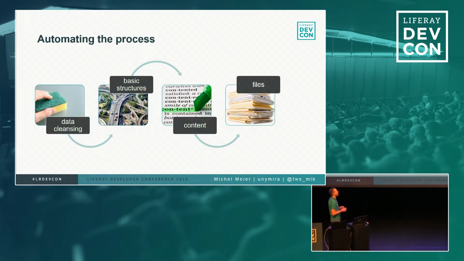Yes, and another important point were the files. We also had to migrate the files. As you might remember, we had 280 gigabytes that were, I think, 215,000 separate files. So I guess it's a nice amount. And there we took the same approach. We did not migrate 280 gigabytes through the Liferay API.